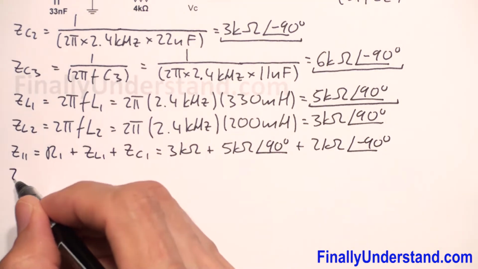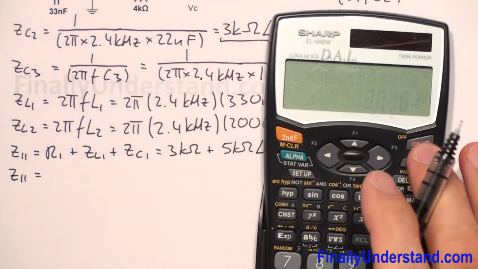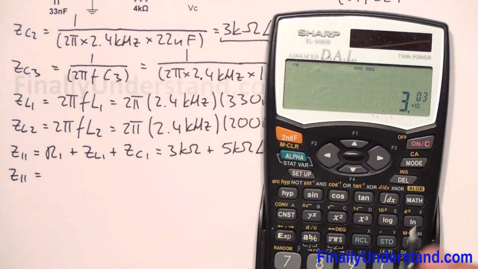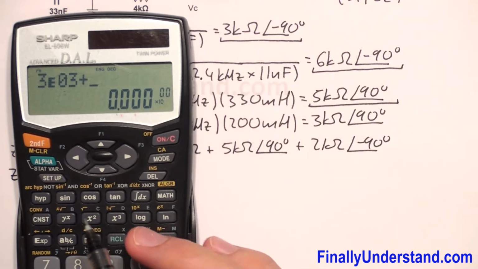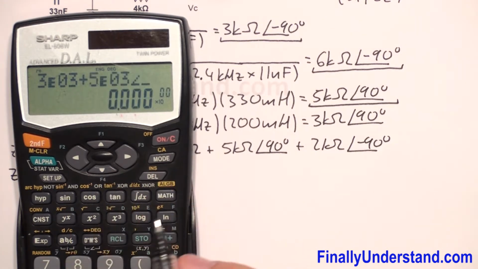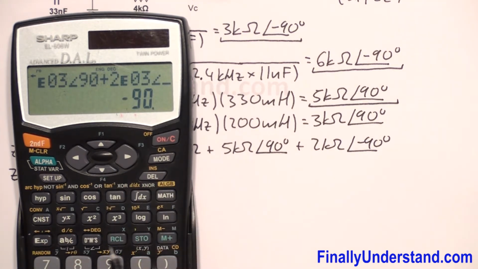Okay, so Z11 is equal 3 exponent 3 plus 5 exponent 3 and angle of 90 plus 2 exponent 3 and angle of 90 negative.